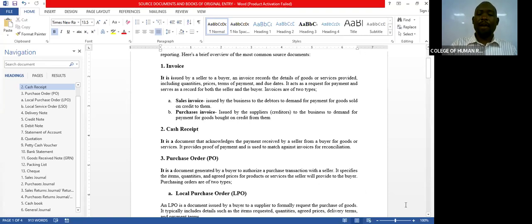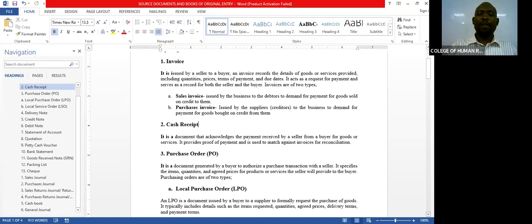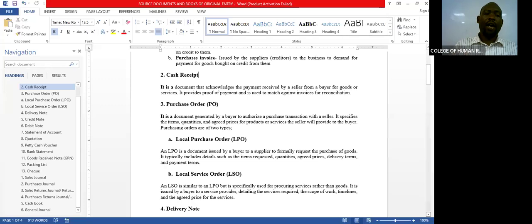You also need to know that the purchase order can either be a local purchase order or a local service order. The local purchase order is when you are requesting tangible goods. When you are ordering tangible goods, you prepare a local purchase order.